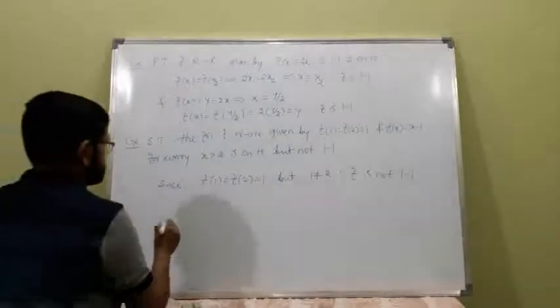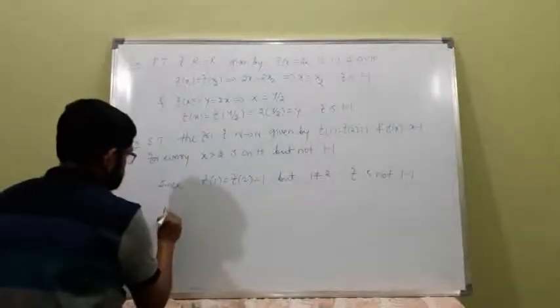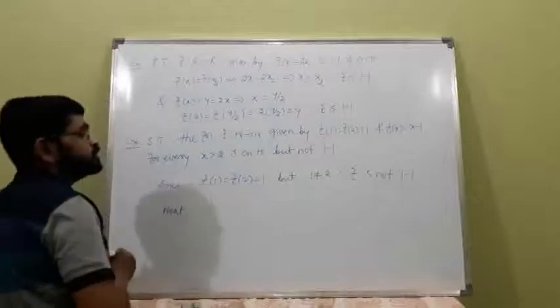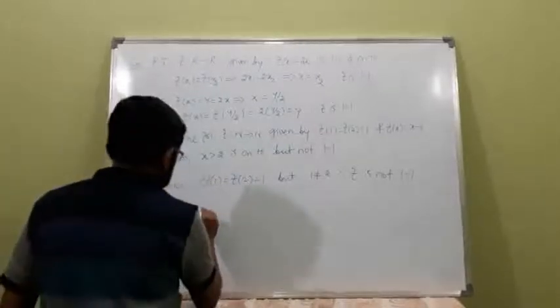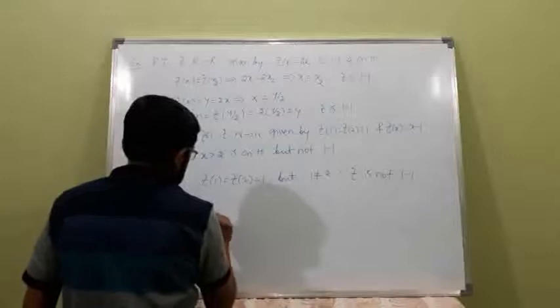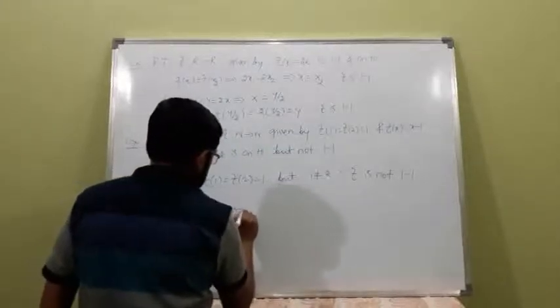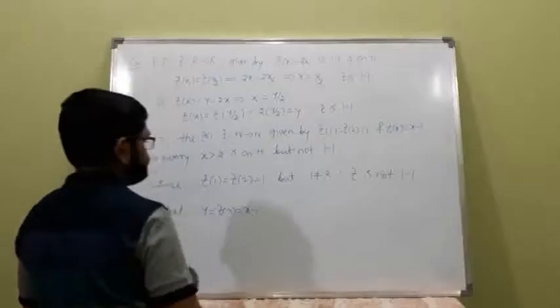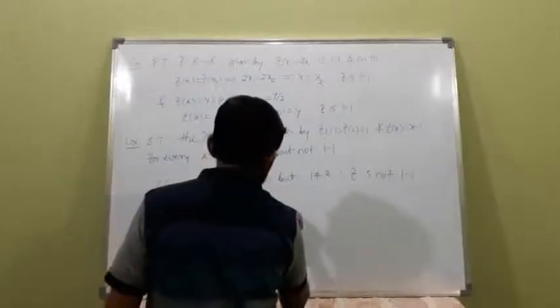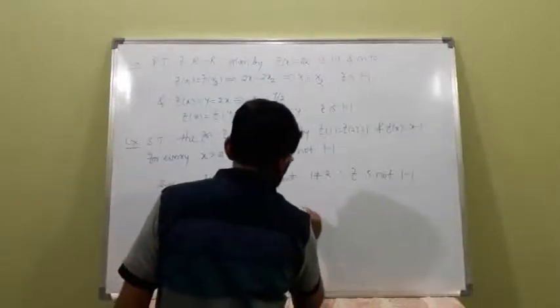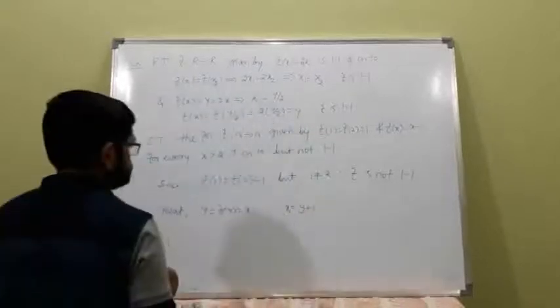Now, to find whether it is onto or not, y is equal to f(x) is equal to x minus 1. Therefore, x is equal to y plus 1.